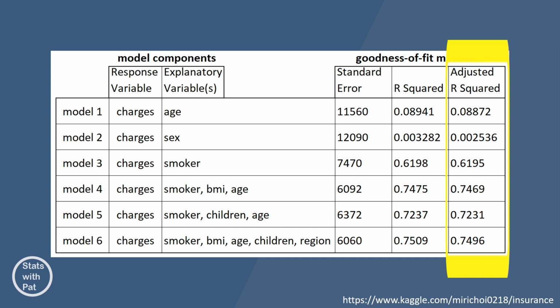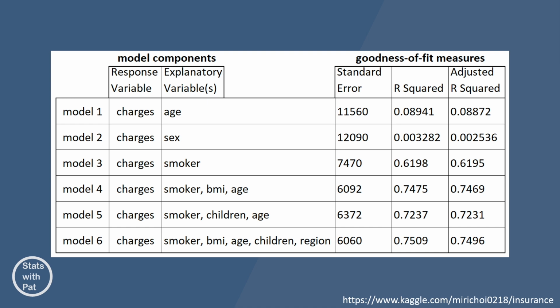So if we look back at our comparison, just as a final conclusion, which model is going to be the most accurate? In my opinion, model 6 is going to be the most accurate because our standard error is the lowest. R squared isn't super relevant because within our models, we have differing numbers of explanatory variables.